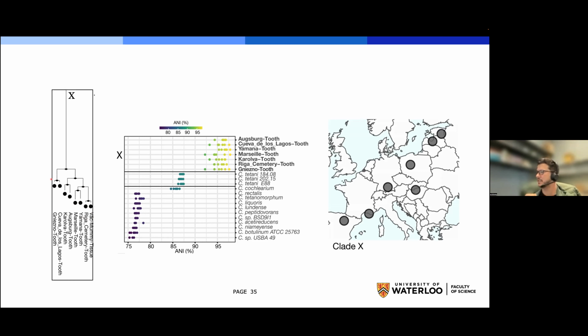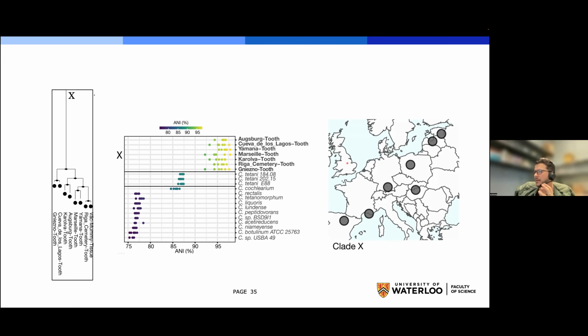One of the really interesting things is that most of these samples are geographically clustered within Europe. So there is a very interesting geographical pattern. They are temporally quite diverse, but geographically they seem to be largely restricted to these ancient samples from Europe.